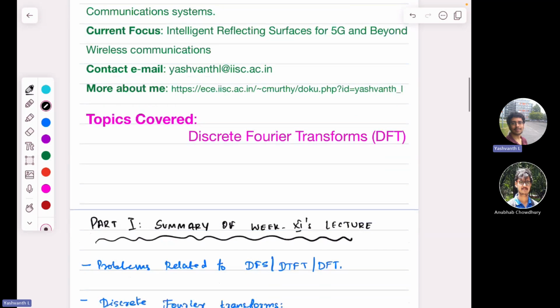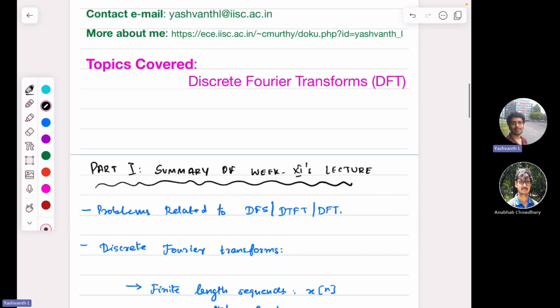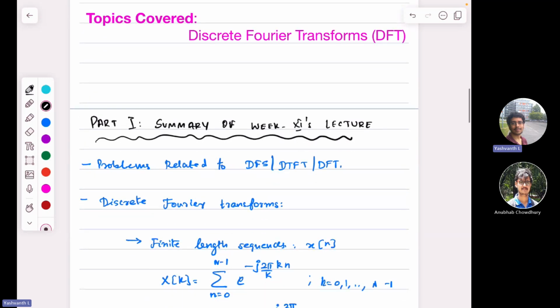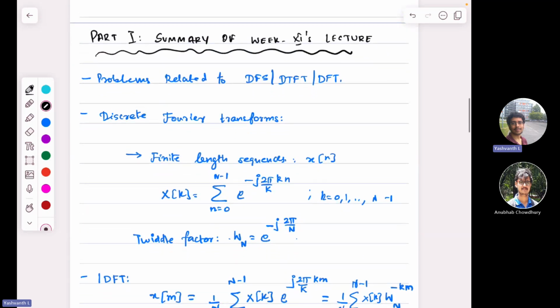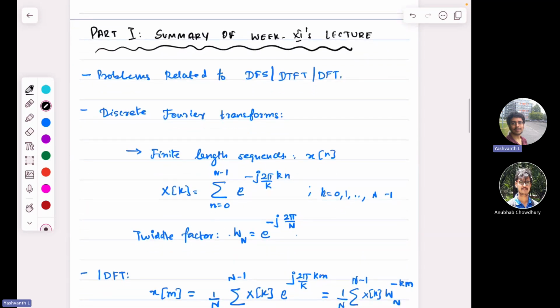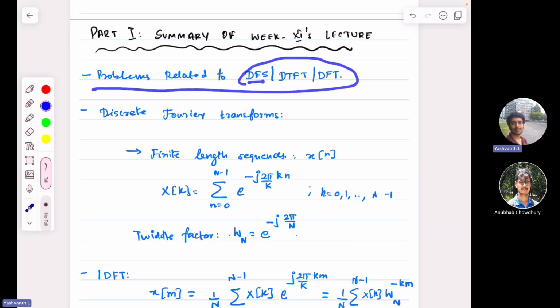So today the topic that we are going to discuss will be on discrete Fourier transforms. As usual, the first part of today's session will be on summarizing week 11's lecture. Broadly, the lectures of week 11 dealt with solving problems related to discrete Fourier series or discrete time Fourier transform or discrete Fourier transform.